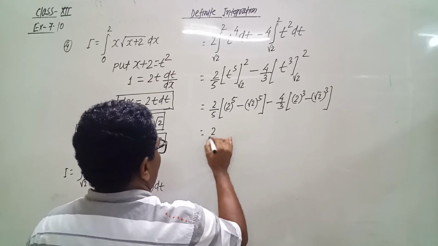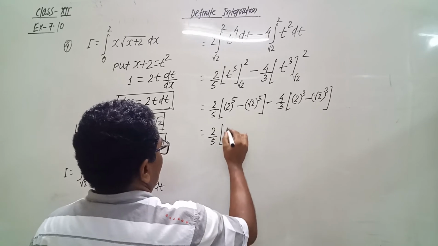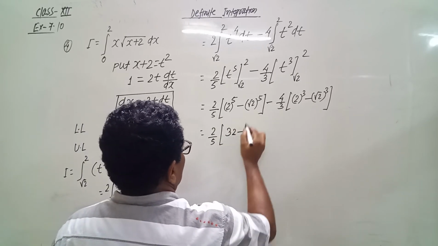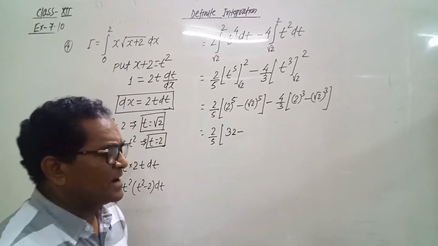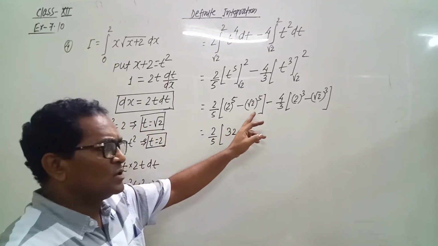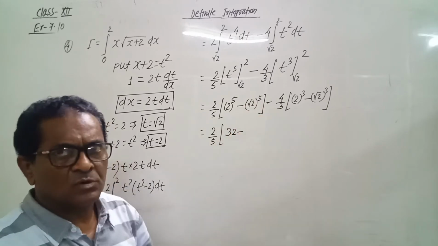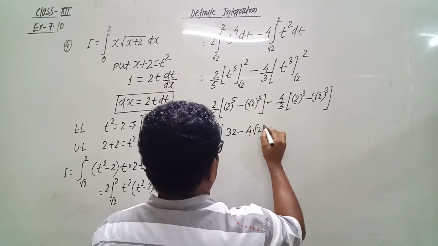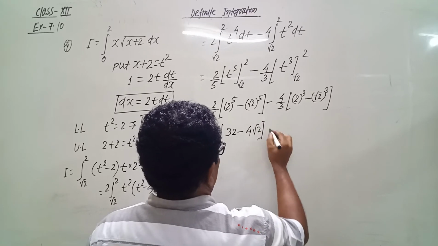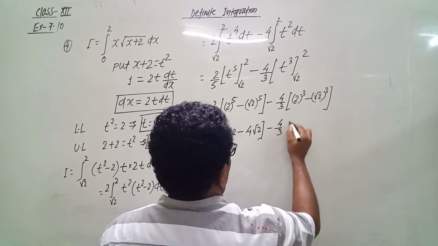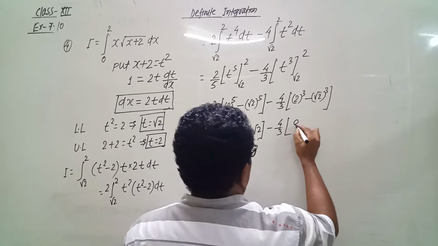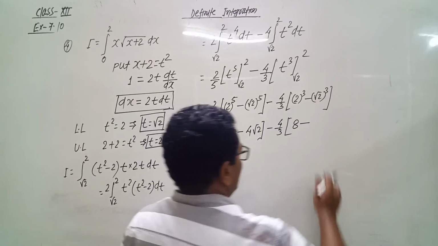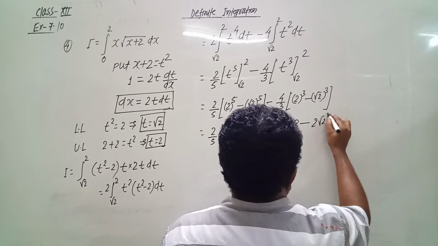So we get 2 by 5, 2 raised to the power 5 is 32, minus root 2 raised to the power 5. Root 2 into root 2 is 2, again root 2 into root 2 is 2, so 2 into 2 is 4 root 2. Then minus 4 by 3 times 2 raised to the power 3 is 8 minus root 2 cube, which becomes 2 root 2.